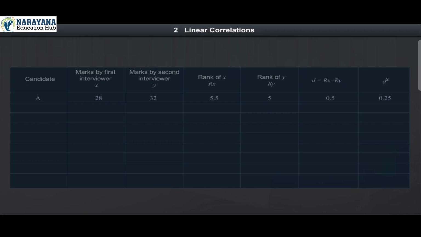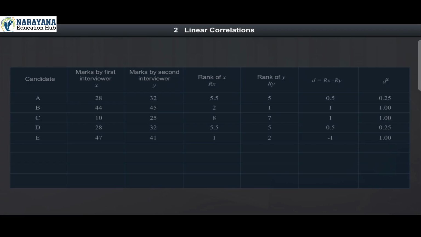D square. A: 28, 32, 5.5, 5, 0.5, 0.25. B: 44, 45, 2, 1, 1, 1.00. C: 10, 25, 8, 7, 1, 1.00. D: 28, 32, 5.5, 5, 0.5, 0.25.